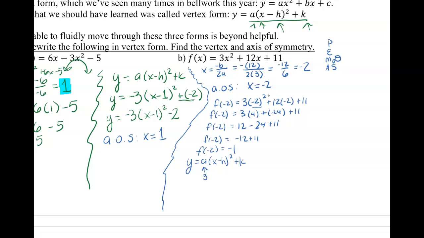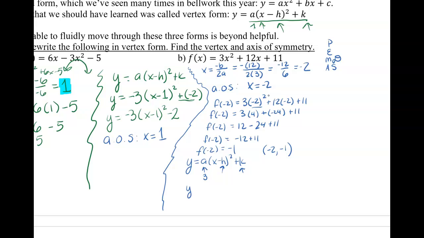My x stays an x unless I'm actually plugging something in to try to find another point. My h is my x coordinate of my vertex, and my k is my y coordinate of my vertex. Alright, so my vertex was just, I plugged in -2, I got -1. So now I can go and plug that in.